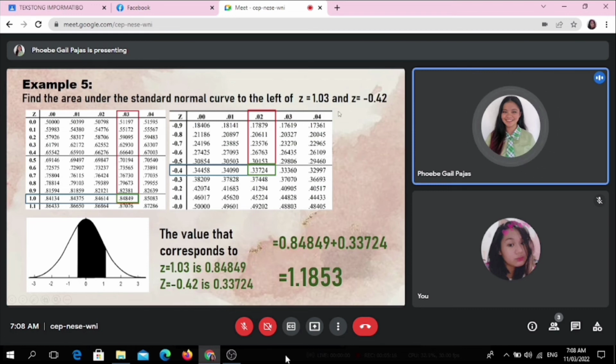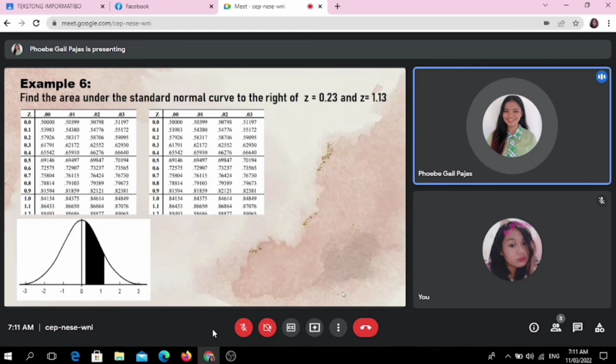So, mag-i-start tayo dito sa 1.03. So, mag-i-start tayo dito to the left daw. So, pupunta tayo sa negative 0.42. Isa-shade natin dito yung rough graph natin. So, hanggang dito.